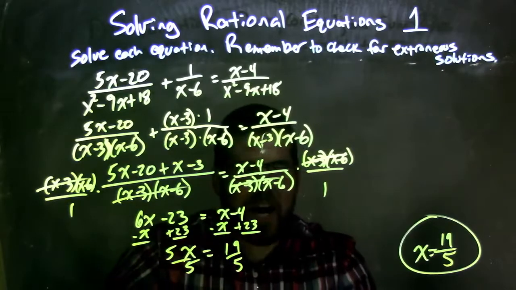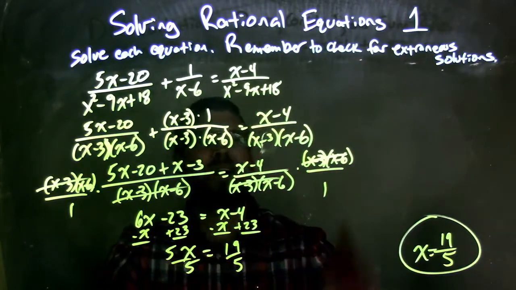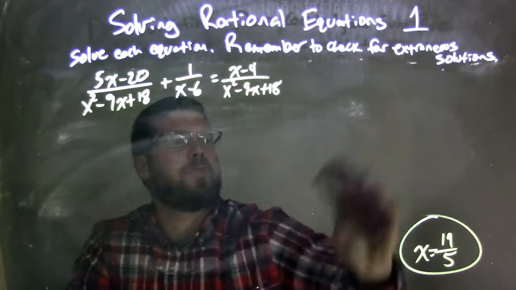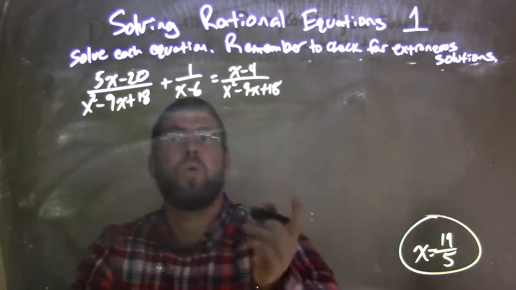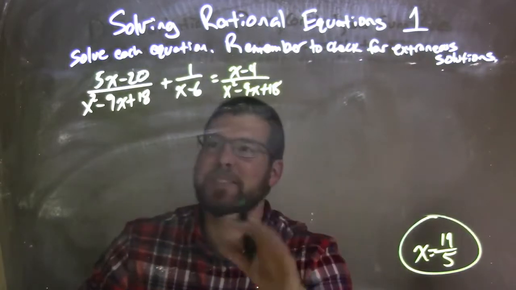But now I need to check my work. So to check my work, since I don't have space here, I'm going to erase here for a second. So to check it, I'm going to plug 19/5 in for every single one of my x's.